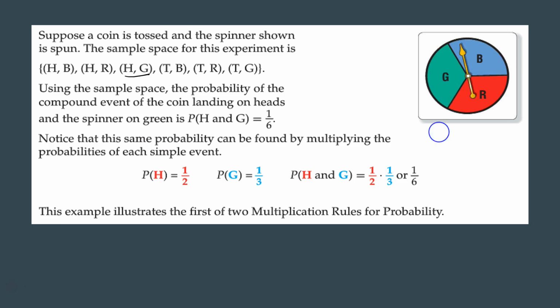And notice the same probability can be found by multiplying the probabilities of each simple event. So you have a 1 in 2 chance that it'll be heads, and a 1 in 3 chance that it's going to be green. 1 times 1 is 1, 2 times 3 is 6.